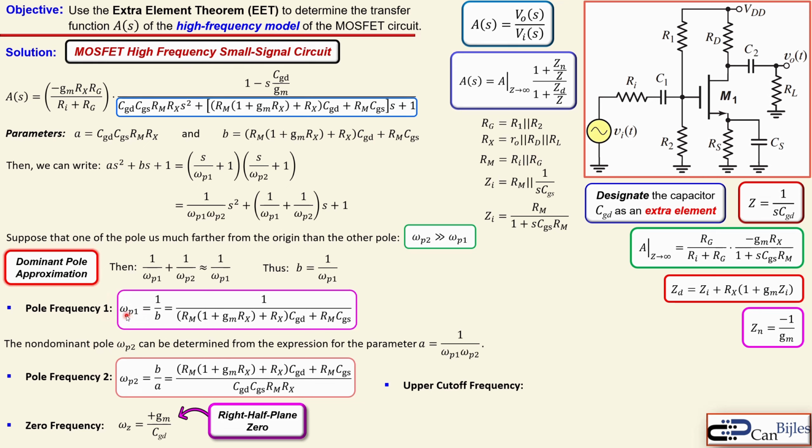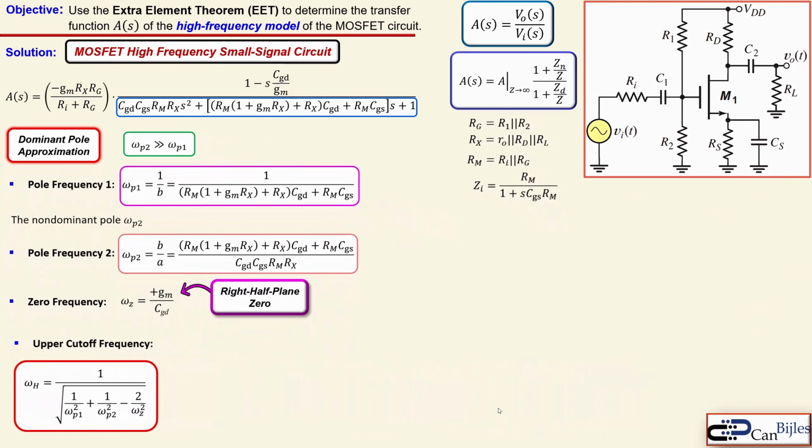So we can say the upper cutoff frequency is determined by omega p1. There is also a somewhat more complicated and more accurate result. I will not prove that, but it is given in advanced filter circuits. The upper cutoff frequency omega sub h is then 1 over the square root of the sum of 1 over the squares of the poles minus 2 over the zero squared. Again, we will not prove it, but this is the formula you can also use.